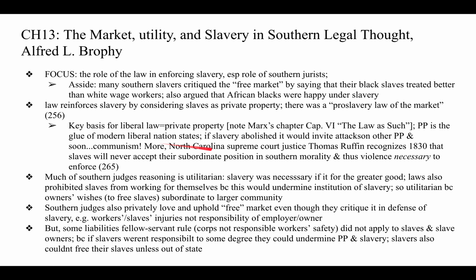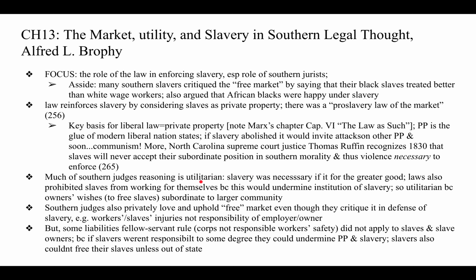Moreover, North Carolina Supreme Court Justice Thomas Ruffin recognized in 1830 that slaves would never accept their subordinate position in Southern morality, and thus violence was necessary to enforce slavery, he argued. And this again goes back to this fundamental belief in the sanctity of private property and characterizing slaves as private property.